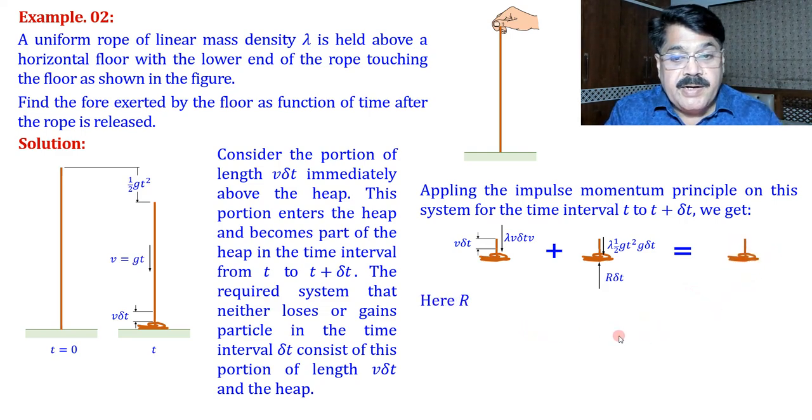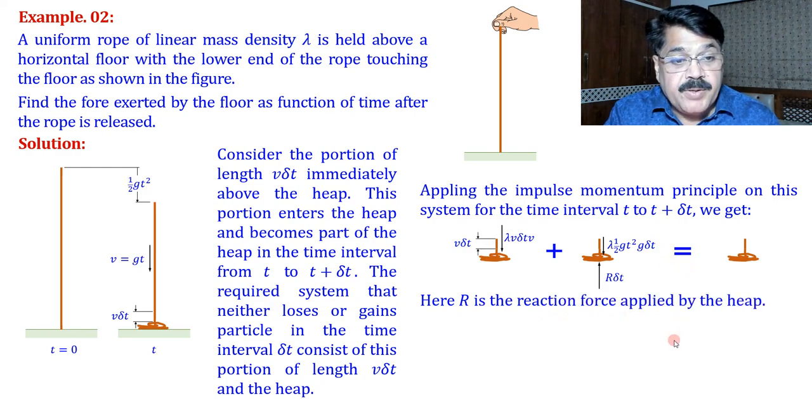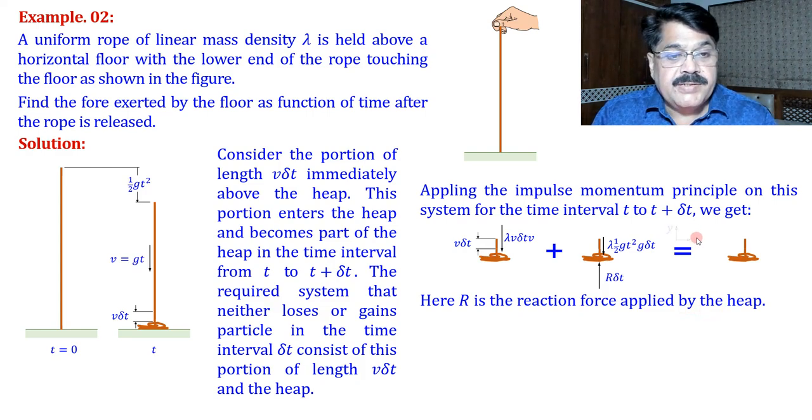Designating the vertical and horizontal components, we can apply the impulse momentum principle. As I mentioned earlier, R is the reaction force applied by the heap. Here we take vertical y and horizontal x. So we apply the impulse momentum principle for the vertical components: P_iy plus the summation of J_iy is equal to P_fy.